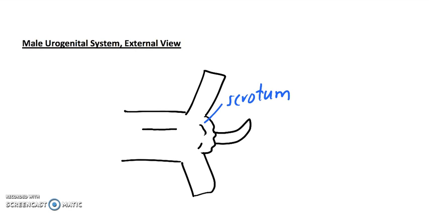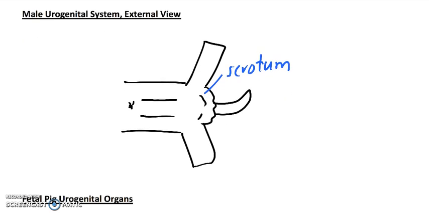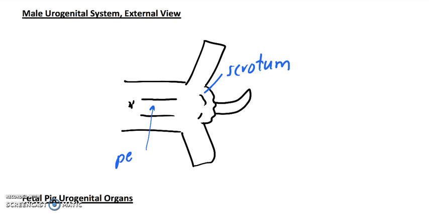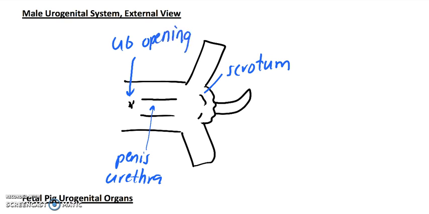You might see some bulging of tissue. There'll definitely be a little opening. So this here would be the penis and urethra. Penis on the outside, and then you have the urethra on the inside. And this here, this would be your urogenital opening. But that's it for the urogenital system.